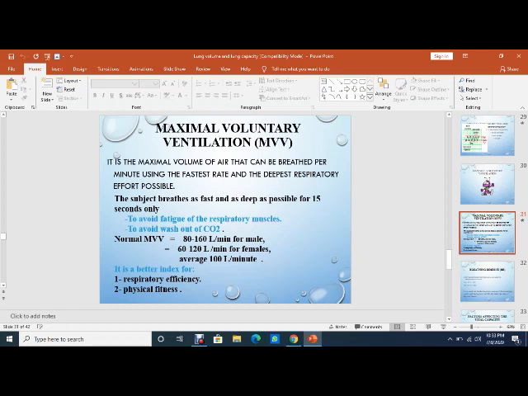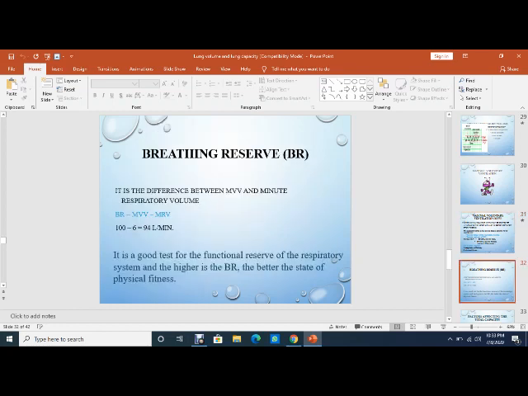Normally, maximal voluntary ventilation is 60 to 120 liters, average 100 liters per minute. It is a better index for respiratory efficacy and physical fitness.